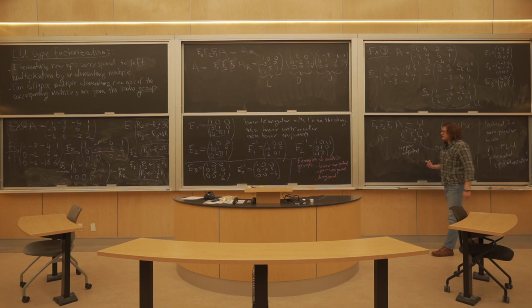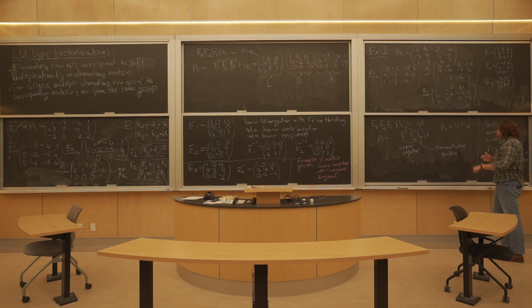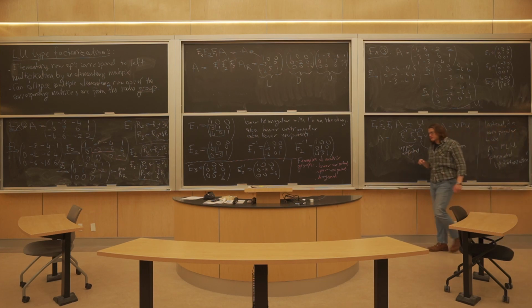The point is that you can't quite do LU factorization for any matrix whatsoever. For instance, in this case, you wouldn't be able to do this. But if you permute the rows, then you can do it. And that's why it's called the permuted LU factorization.